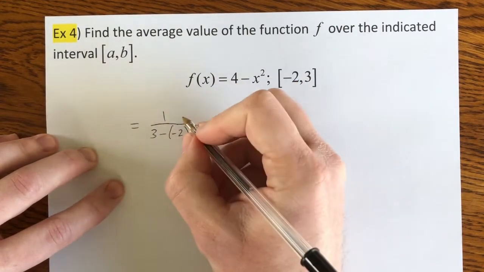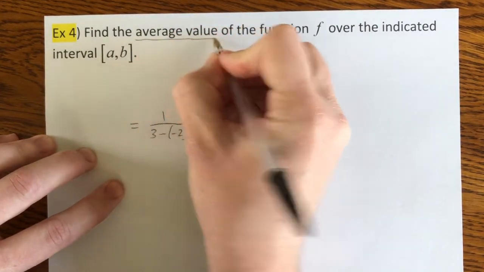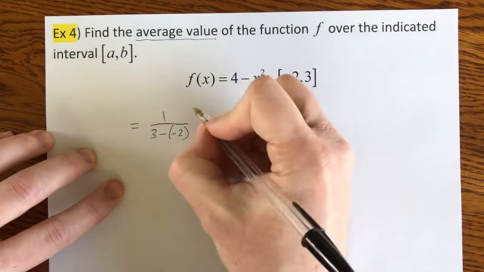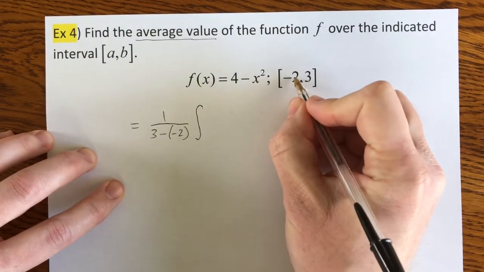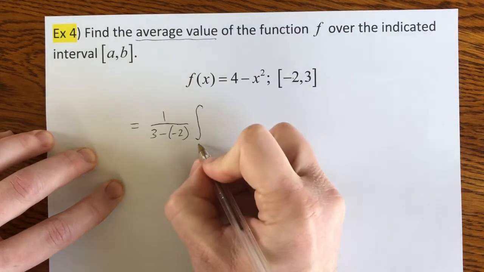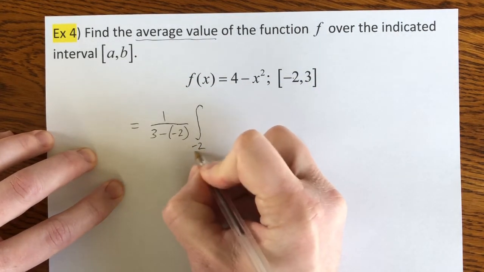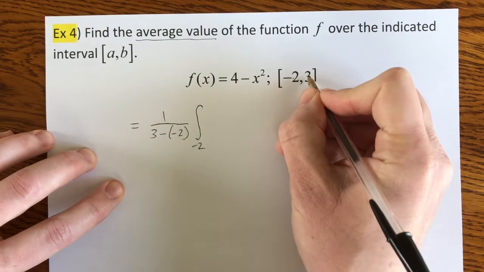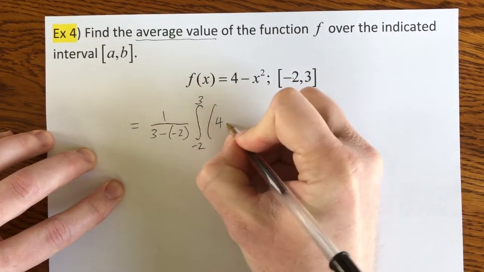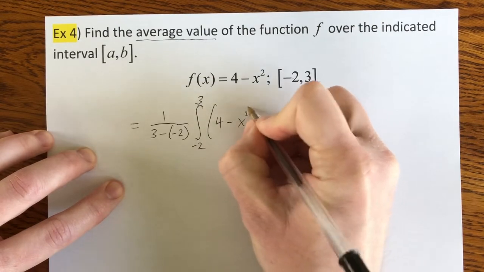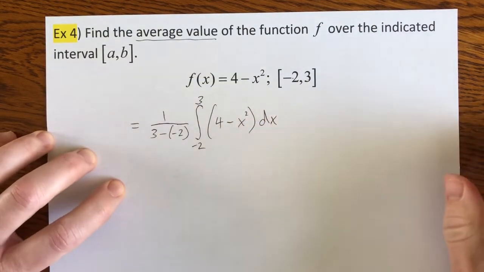That's the only difference here when determining the average value of the function. Everything else is going to be handled exactly the same way. Because we're looking at this interval from a to b, your a value would go down here. It's your lower limit of integration. Your 3 is going to be your upper limit of integration. We're integrating this function f with respect to x.